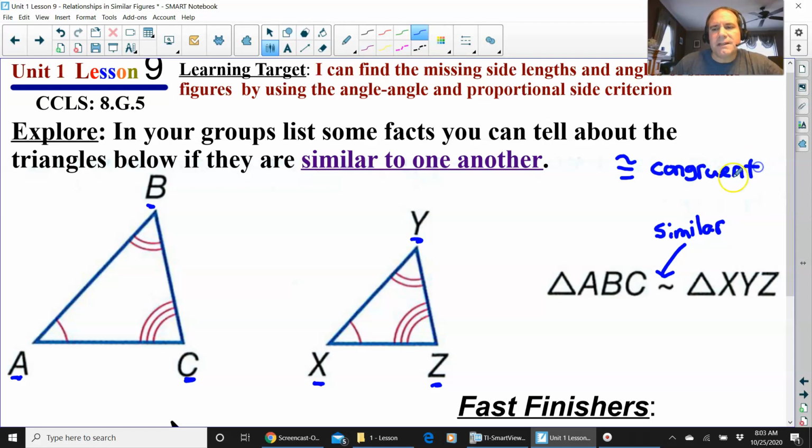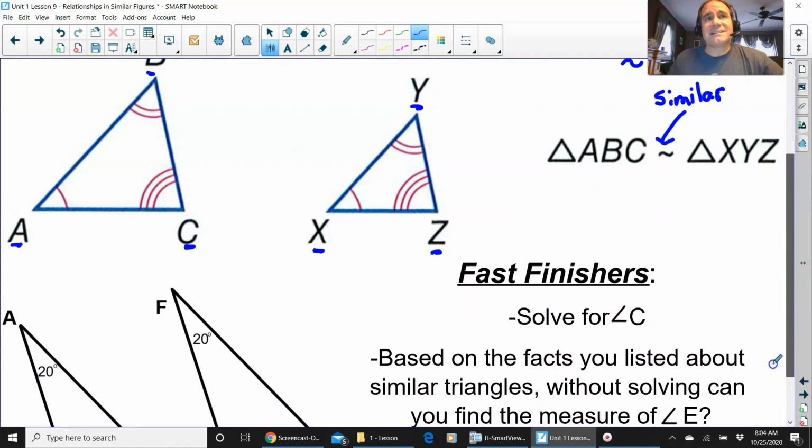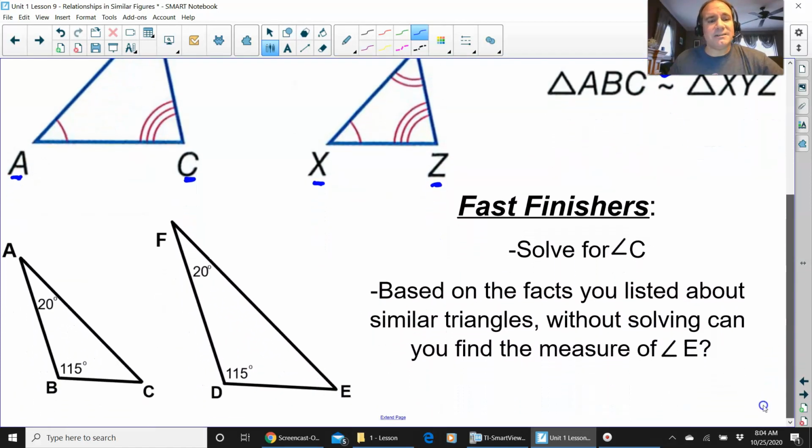And just a squiggly means similar. Those two things you do need to know, because a lot of times on a Regents or a test, they're not going to use the word similar. They're going to use this, and you have to know what that means. All right, so triangle ABC and triangle XYZ are similar.